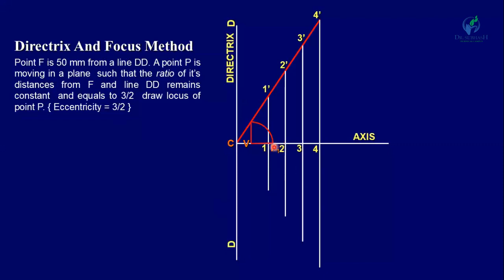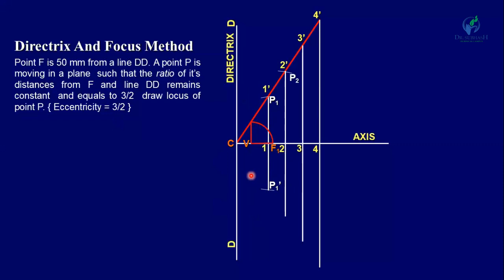Now with F as center and radius equal to V1 dash, draw an arc. You will get the point P1, and on the other side point P1 dash. Now similarly, F1 is the center, radius equal to 2 dash.